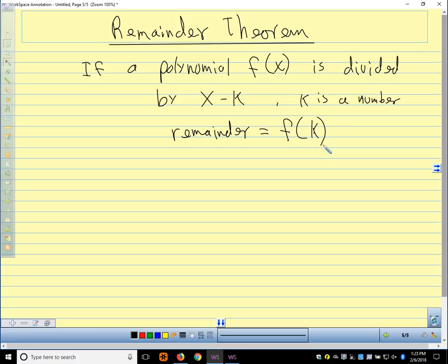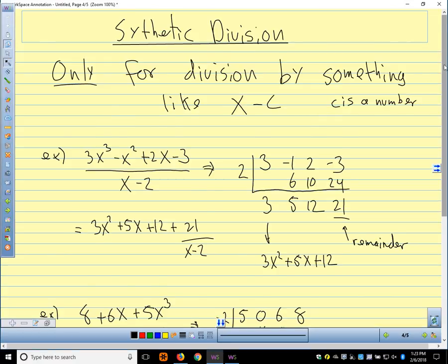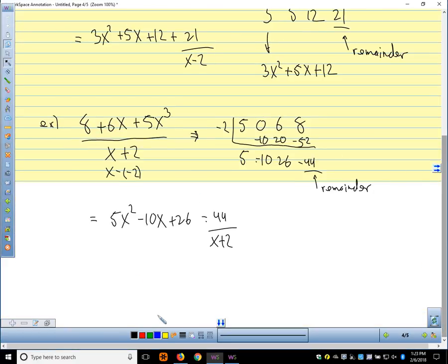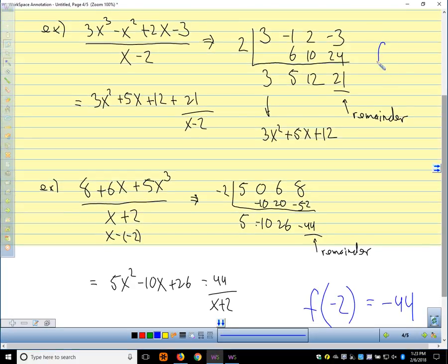So let's go back to these divisions that we've already done, and I'm going to write what this tells us. For this problem, f of negative 2 is negative 44. If I plug negative 2 in here and calculate it, I would get negative 44. This tells us that f of 2 is 21.